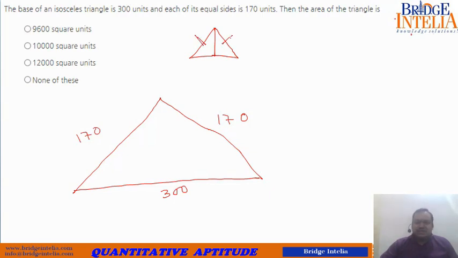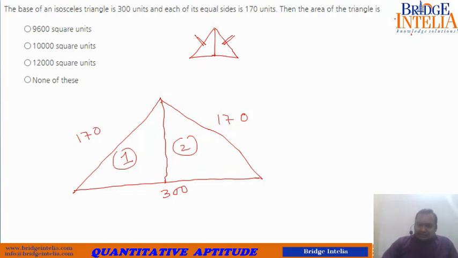So this side is equal to this side. You can see this is the first right angle triangle, this is the second right angle triangle.